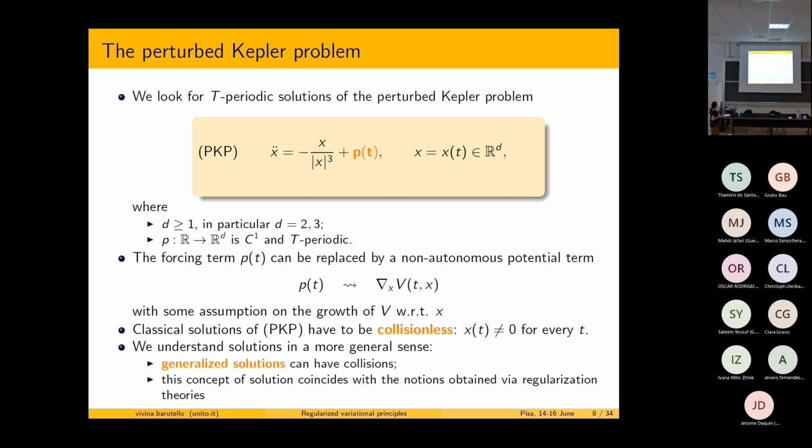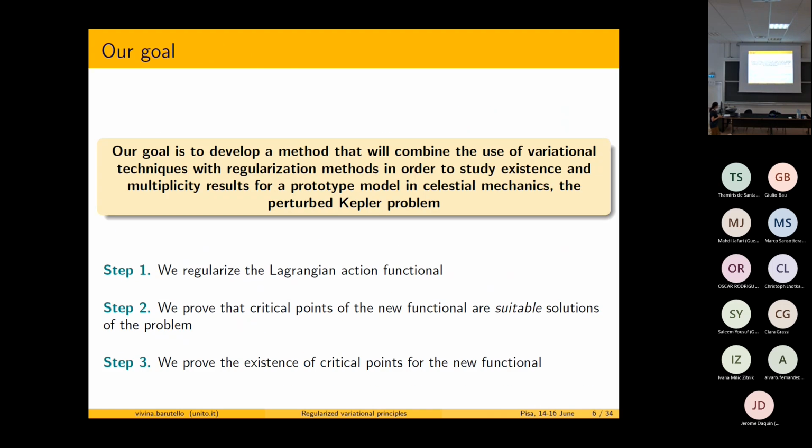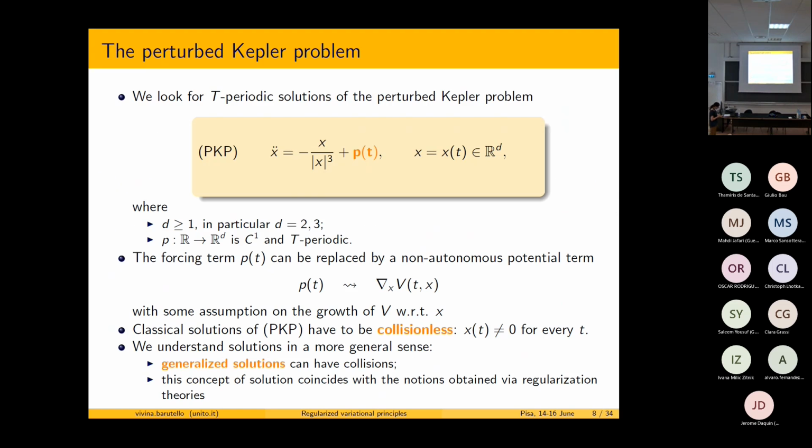But let us try to understand what is the meaning of the word that I put here, suitable solutions. For us, suitable solution is what we call generalized solutions. Okay. Let us try to understand what is a generalized solution.